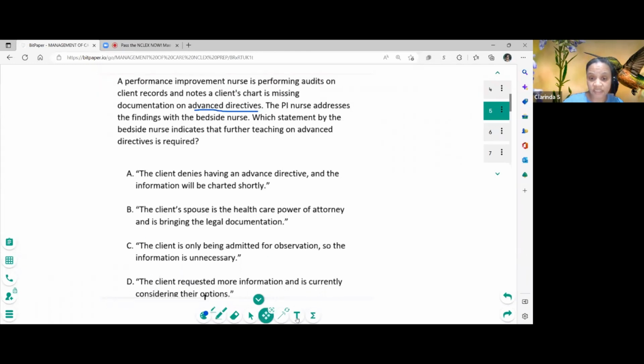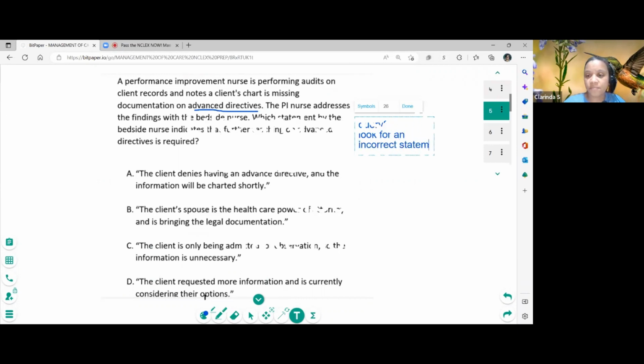She's auditing the chart, and she notices there's no documentation on an advanced directive. So our query is, out of these four statements, which statement by the bedside nurse indicates that further teaching on advanced directives is required? So we're looking for an incorrect statement.